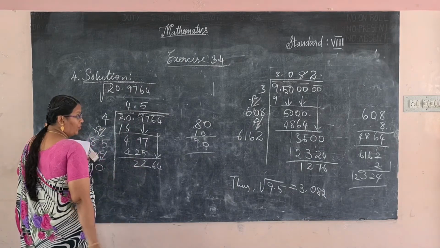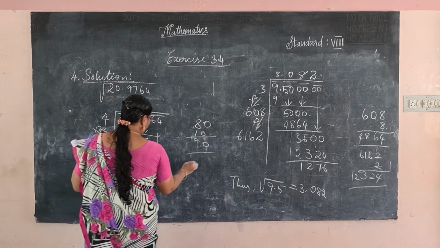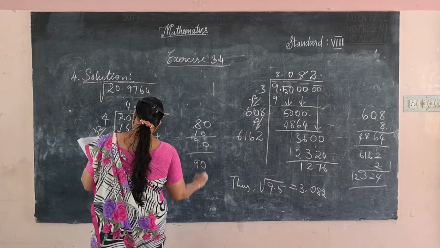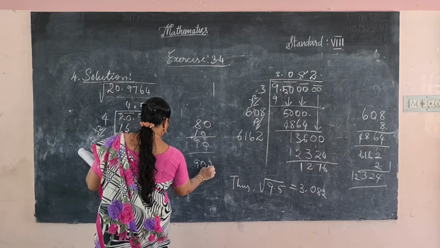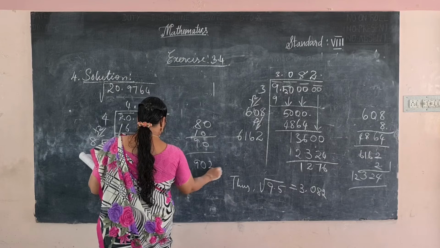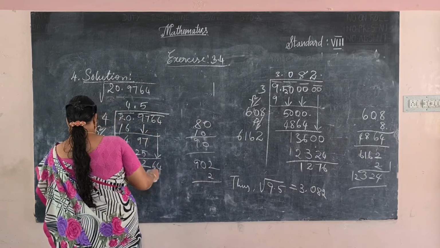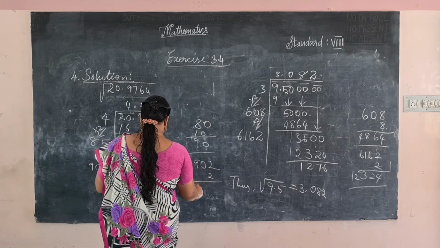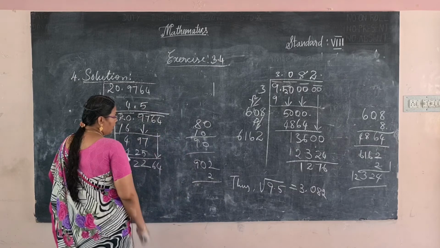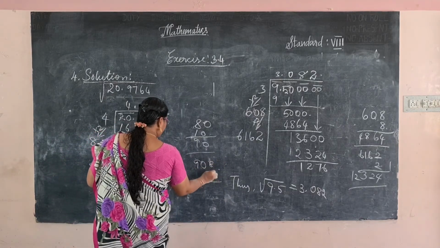We need to get 2264. So 9, 2 times 18 only. We need 22, so we try 8.